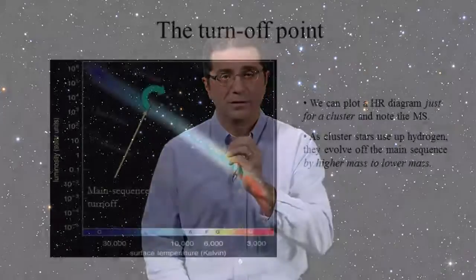If we just look at the cluster's stars and plot them out, we'll see our main sequence if the cluster is young. But as the cluster begins to age, I think you see where I'm going here. The highest mass stars will change first, and they will move off the main sequence. And as a result, our main sequence will begin to get shorter.